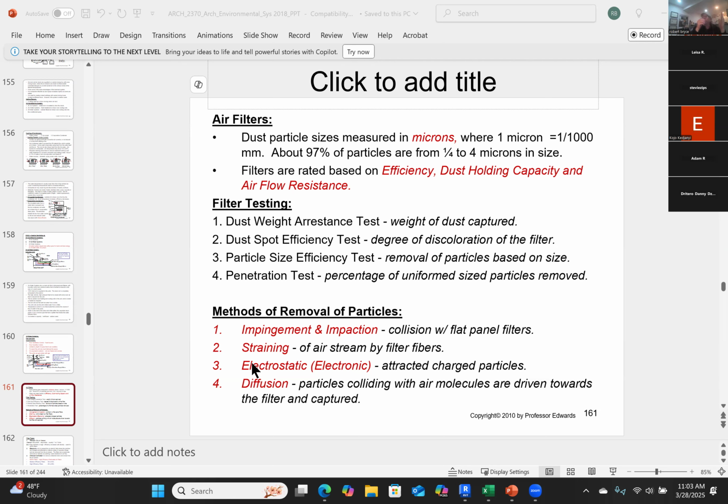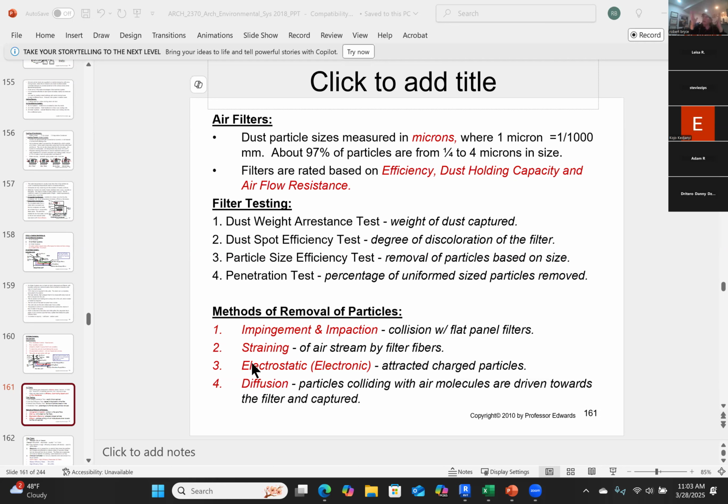But that's a good method, because now you don't have to change the filters. What you have to do is just schedule that flow of water across that plate that has grabbed all of those particulates and flush them away. It's a much better way, except that not all of the electrified particulates attached to the plate.